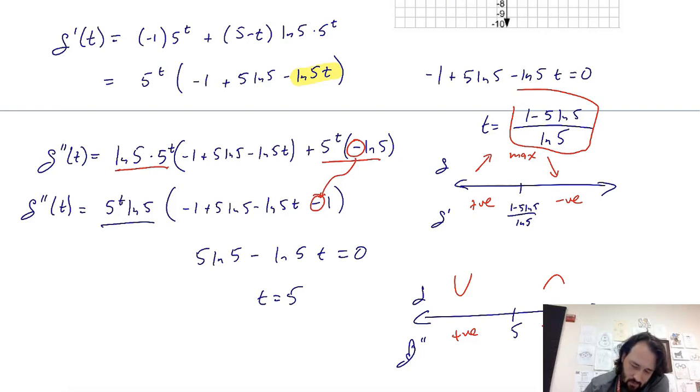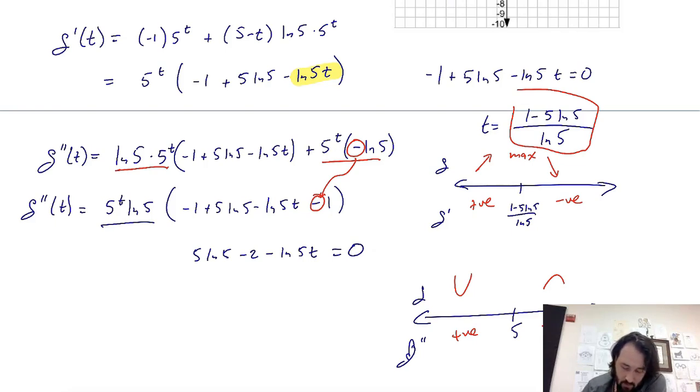So instead of t just being wonderfully nice and 5, I will have 5 ln of 5 minus 2 minus ln of 5t equals 0. So from this point, I would add the 2, subtract the 5 ln of 5. So t is 2 minus 5 ln of 5 divided by negative ln of 5.